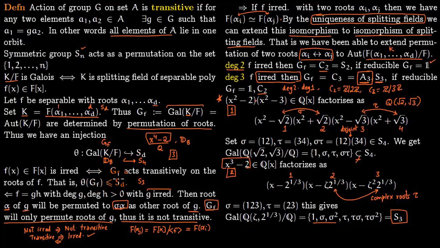This example also tells us the possible size of the Galois group. The maximum possible size of the Galois group is the size of our permutation group. So the size of Galois K over F is at most d factorial, because this is the size of the symmetric group or permutation group.